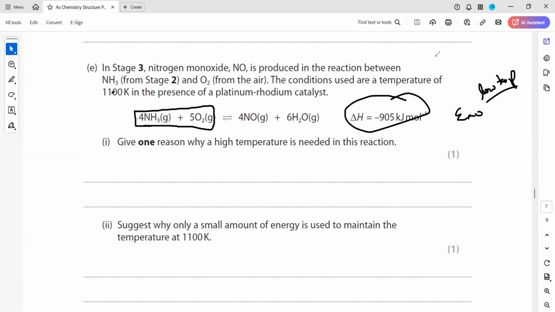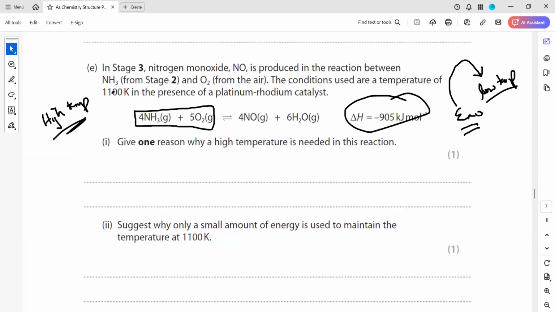Even though the reaction is exothermic, so we prefer that the temperature should be low, we have a constraint that we cannot have a low temperature. We have to use a high temperature. So why do we have to use a high temperature? Because the reactants might have a very high activation energy, or the inertness of the reactant; to overcome the inertness of the reactant, we have to increase the temperature.